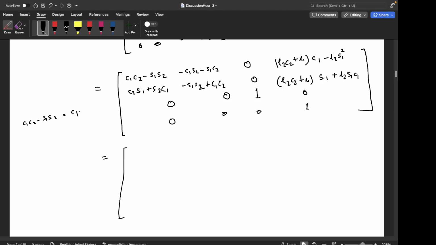So this is c12, cos of theta 1 plus theta 2, and similarly c2 s1 plus s2 c1, that is s12, right? So this is c12 minus s12, s12, c12, and 0 0.